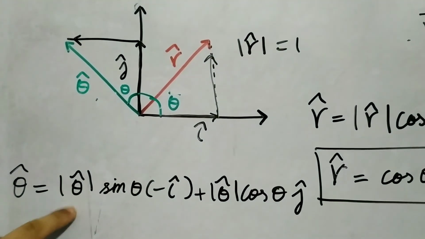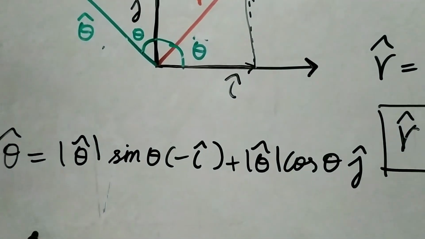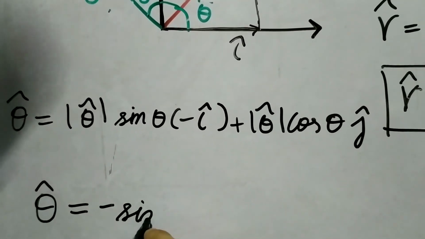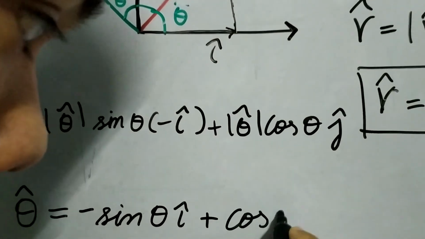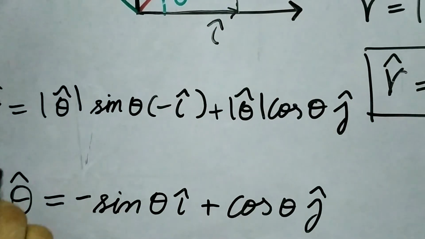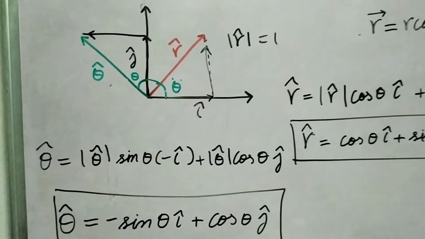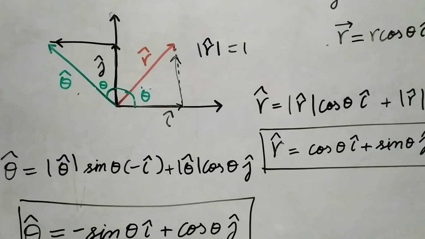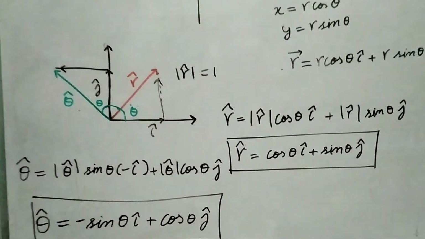Now the magnitude of theta cap is 1, so we get theta cap is minus sin theta i cap plus cos theta j cap. So these are the unit vectors r cap and theta cap. That's it for today, and thanks for watching.